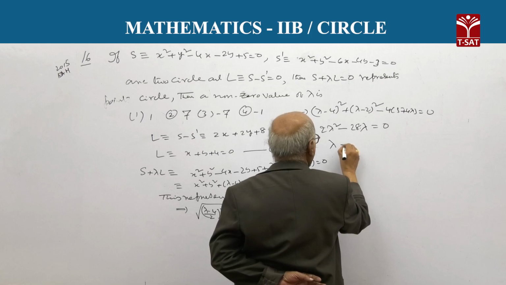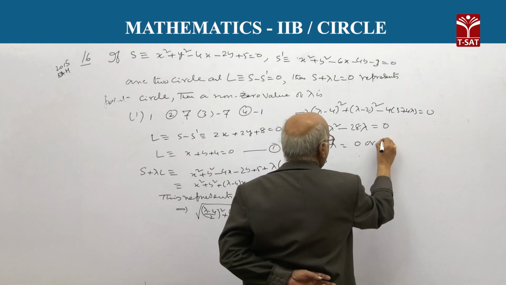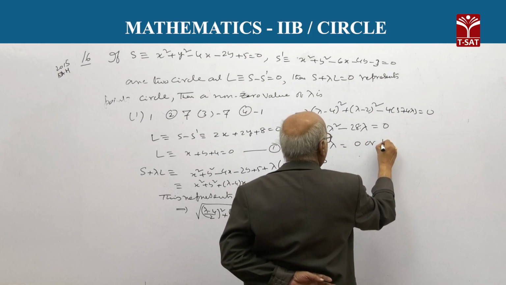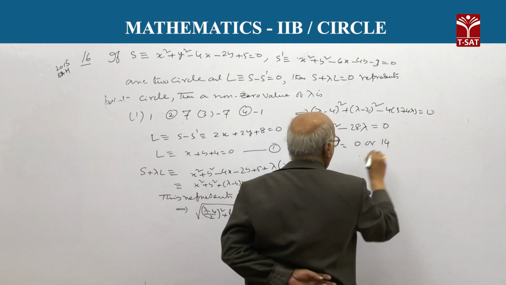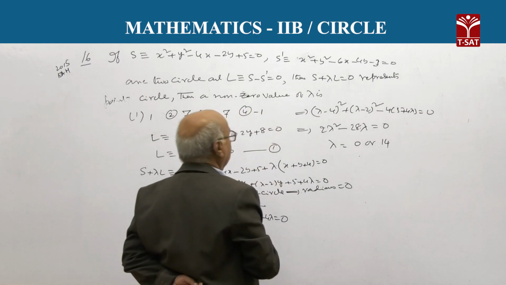So, lambda is equal to 0 or 28 means 14. Lambda is equal to 0 or 14.